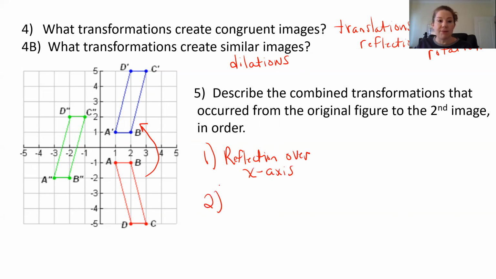Then let's look at D prime. We went from D prime to D double prime. What was that move? It was just slid over, right? It was slid left and then slid down. So we're going to say a translation. We moved 1, 2, 3, 4 left.